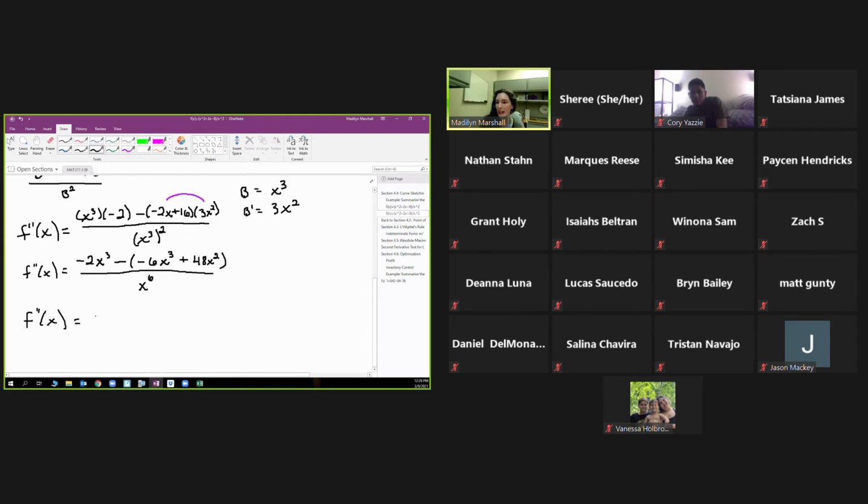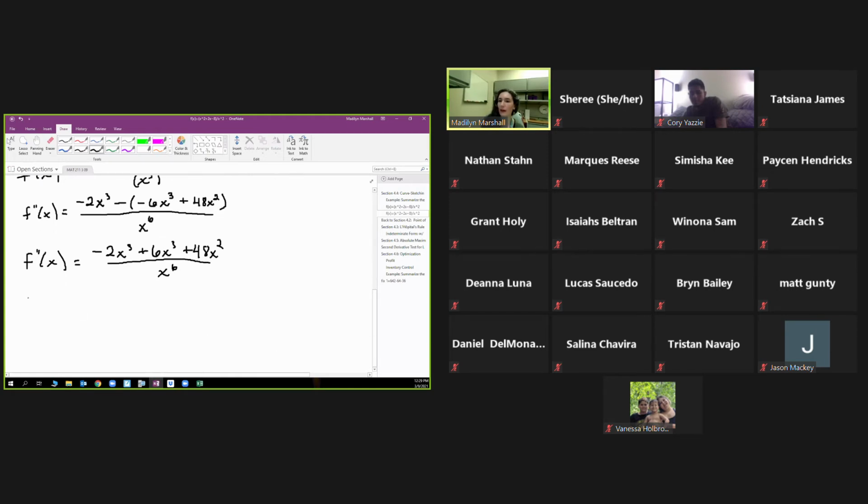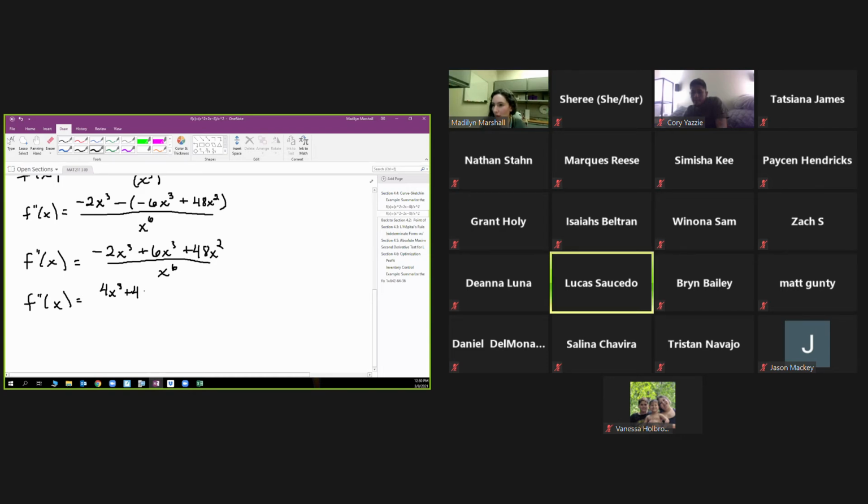Okay, so distributing that negative sign in, we now have negative 2x cubed plus 6x cubed plus 48x squared over x to the 6th. On the top, we have like terms to combine, so we have 4x cubed plus 48x. Is it supposed to be a negative 48x? Yes, it is, after I was making such a big deal about being careful to distribute the negative. Thank you.